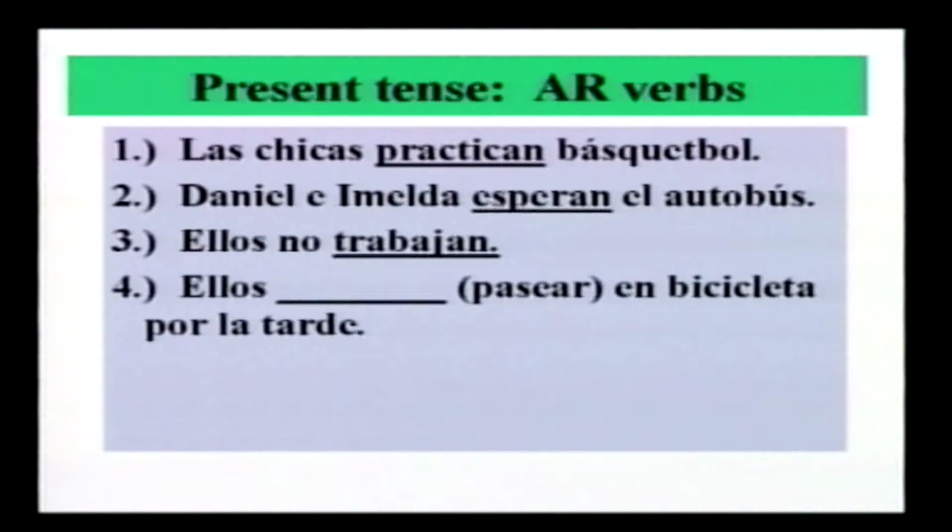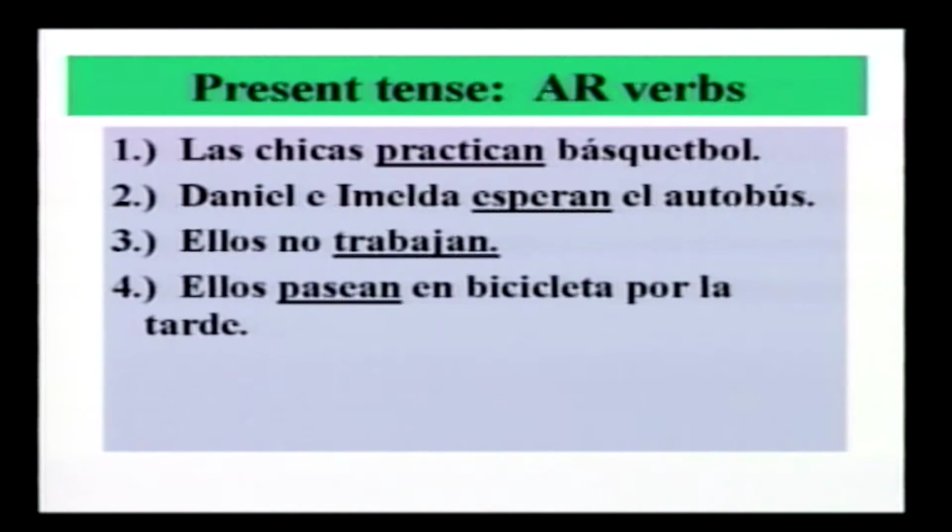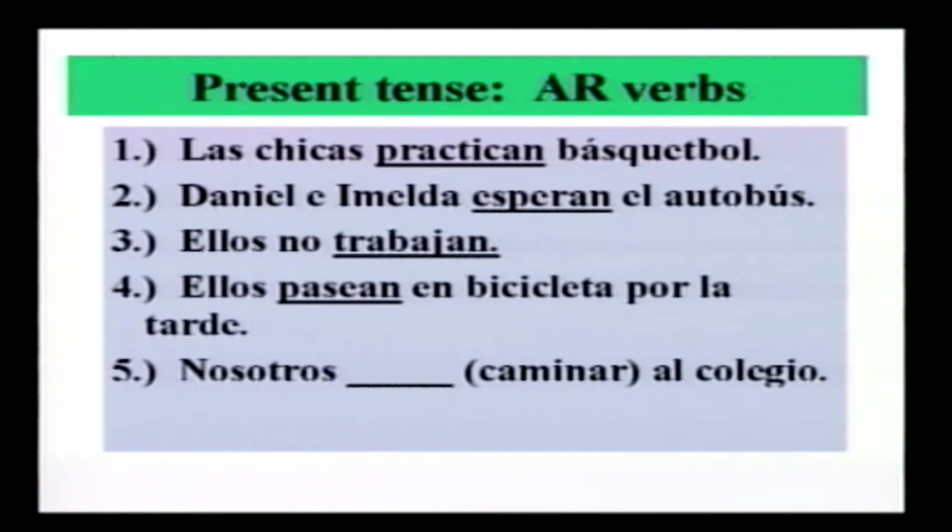Let's take a look at number 4. The verb is pasear. Ellos blank en bicicleta por la tarde. Okay, third person plural. Pasean. Good, you're doing well. Let's take a look at the last example for present tense AR verbs.